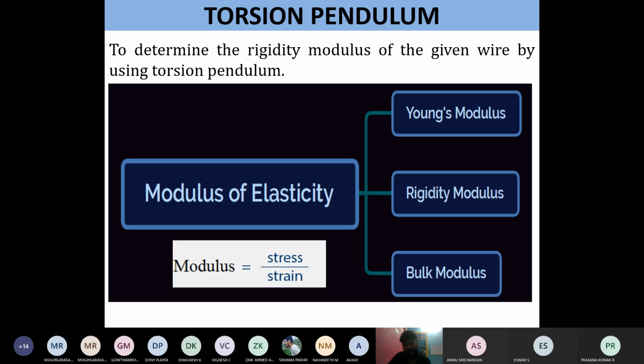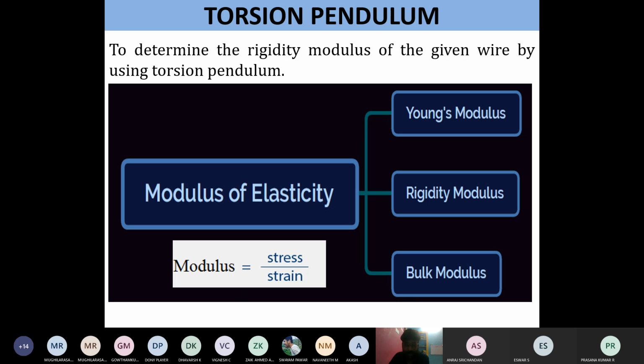Here, the Torsion pendulum is used to measure the rigidity modulus of the given wire. So we are going to measure the rigidity modulus. The rigidity modulus is measured for the given wire.